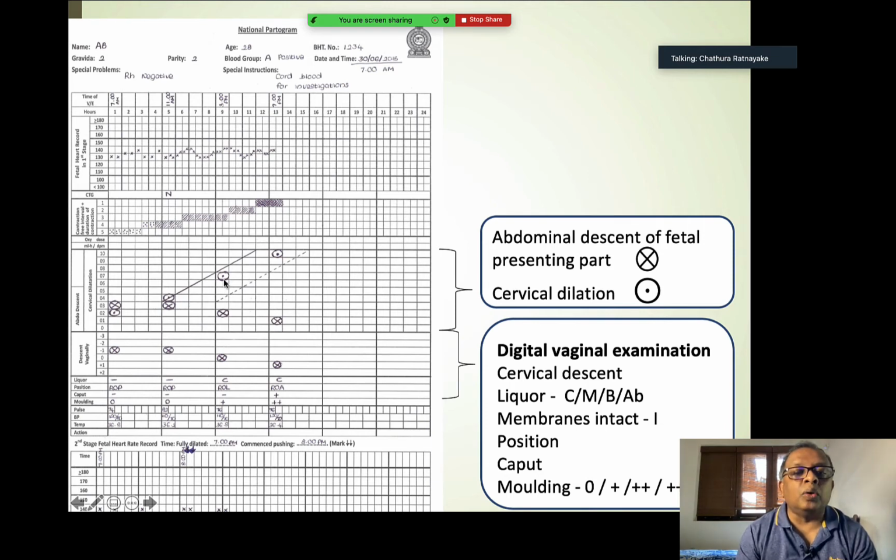And please note that we mark the dilatation and descent in the middle of the square. So, it is in the middle of the square with a dot for the dilatation, with a cross for the descent. Here again vaginal examination findings, again gestation is with a cross.